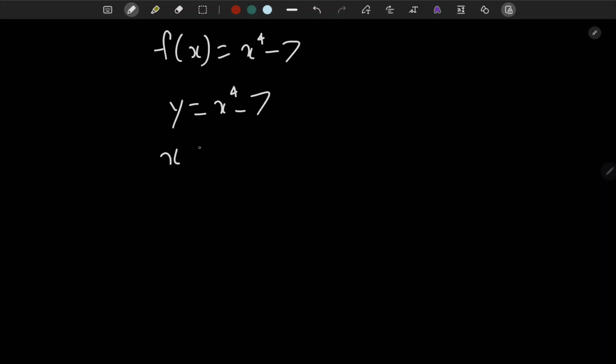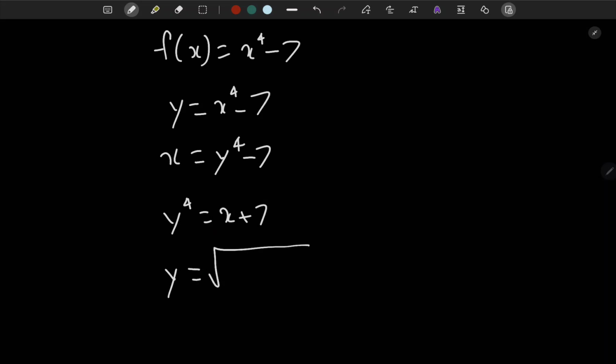So it becomes x is equal to y to the power of 4 minus 7, and now bring 7 to this side. So y to the power of 4 is equal to x plus 7, and now we can take the fourth root of both sides. So this will become y equals the fourth root of x plus 7, and this is the final answer.